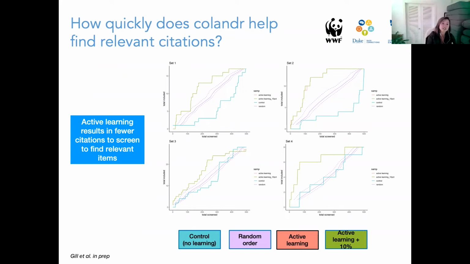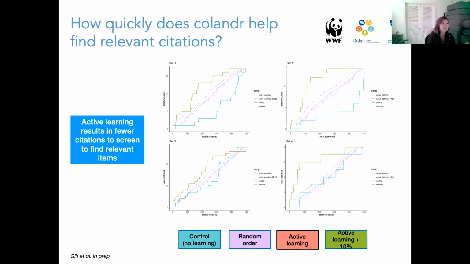They've been running this data set through with ocean conservation gap map data, evidence map data. And they're comparing the active learning that happens in Colandr, indicated here in the orange, and then active learning with a training data set of included and excluded citations, things we already knew from a previous review. And comparing that to the efficiency for a control where there is no machine learning at all, and to citations sorted in a random order.